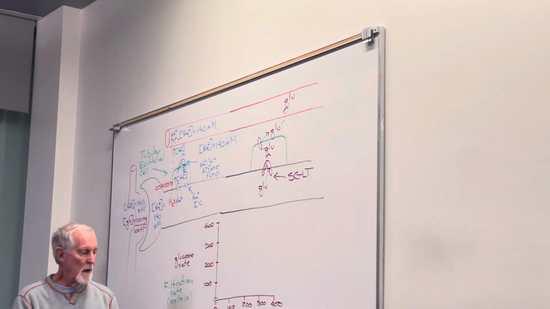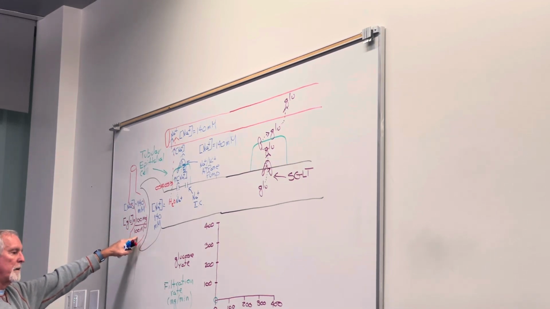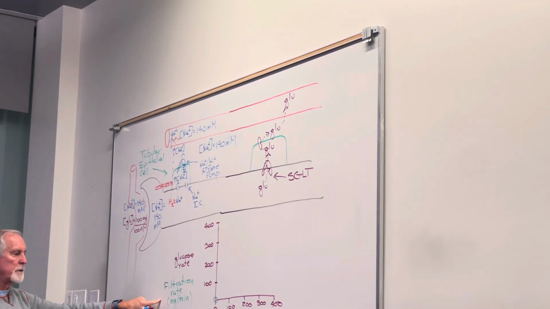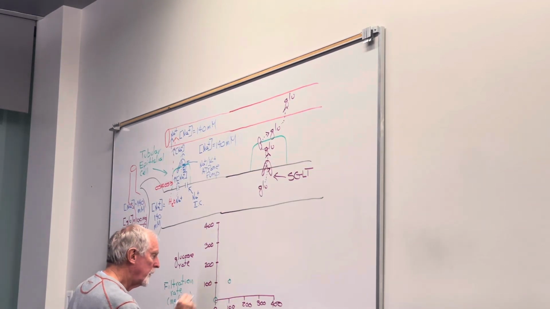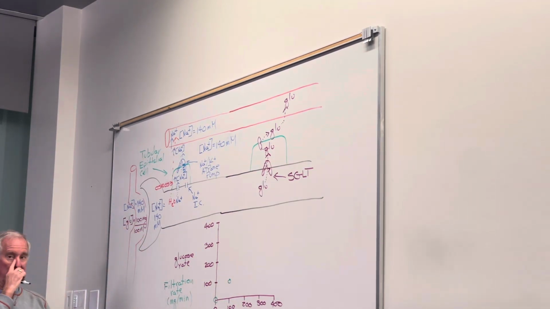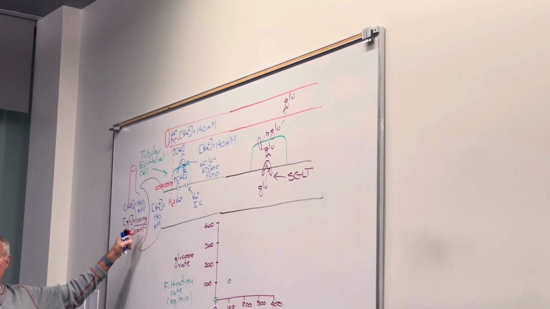If the concentration of glucose is 100 milligrams per 100 mLs, then the filtration rate for glucose is going to be 100 milligrams per minute. How do we know that? Because remember, everything is being filtered in exactly the same proportion that exists within the plasma of the blood.